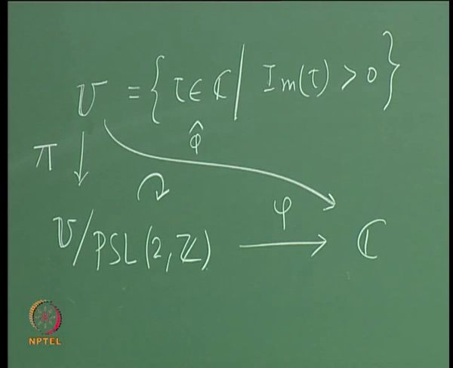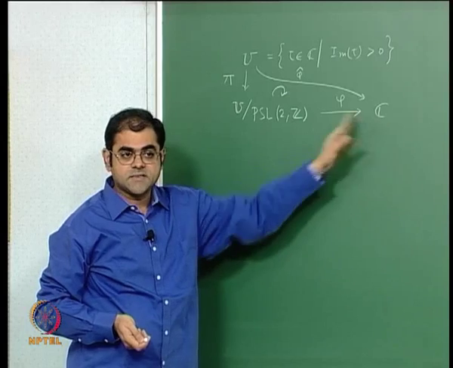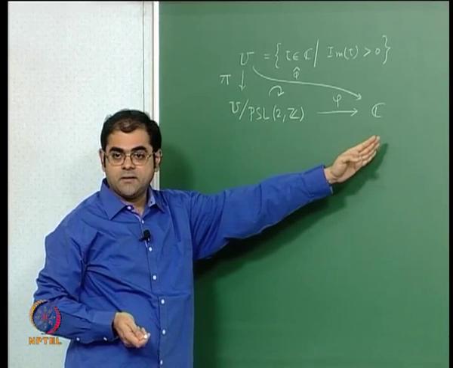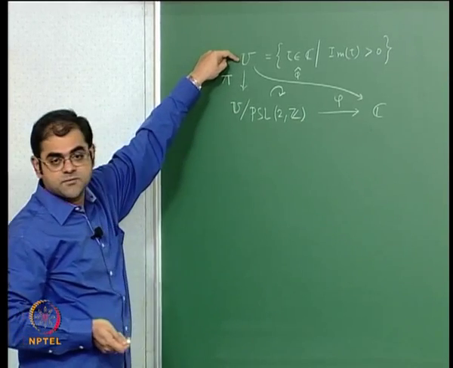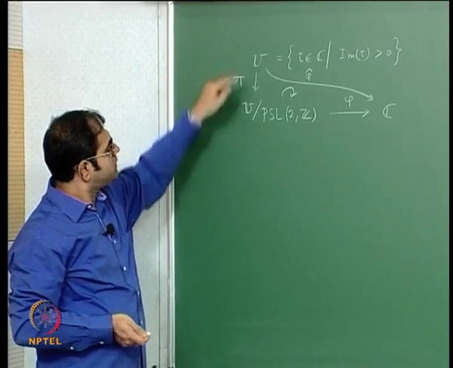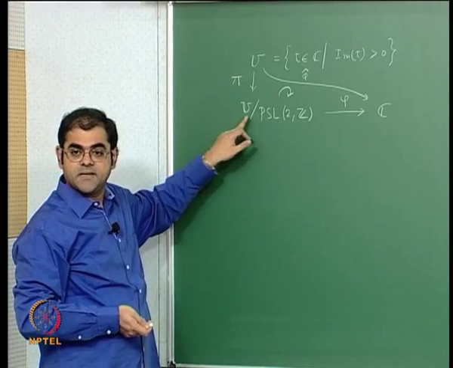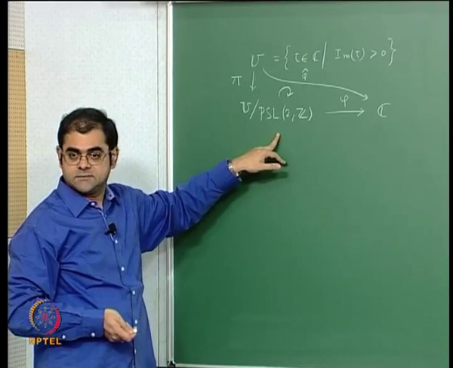So in particular, if you want a holomorphic map into C, you are trying to look at holomorphic maps from U to C which have the same value on every PSL2Z orbit, okay.